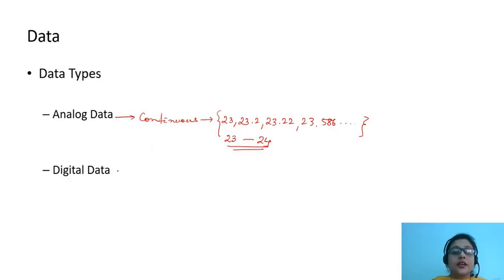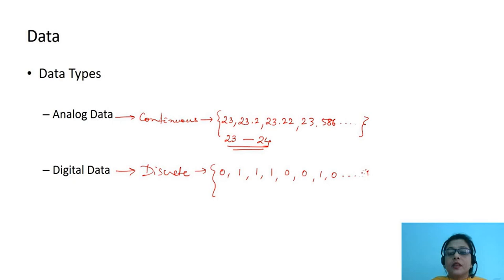Now, digital data is data which is discrete in nature. For example, we can have a data set like this, 0, 1, 1, 1, 0, 0, 1, 0, like that. So here we can see that the data set consists of discrete numbers. In between 0 and 1, we do not have any numbers.